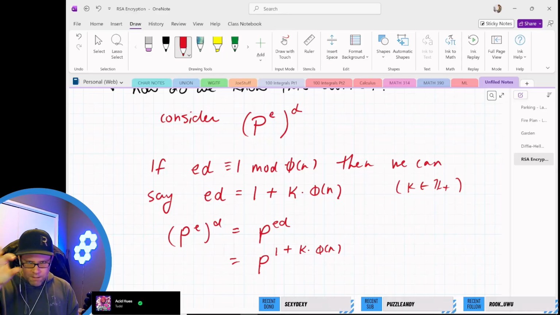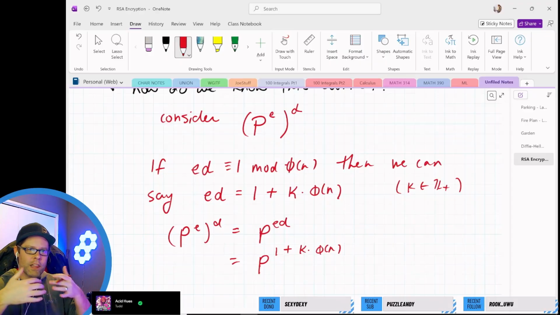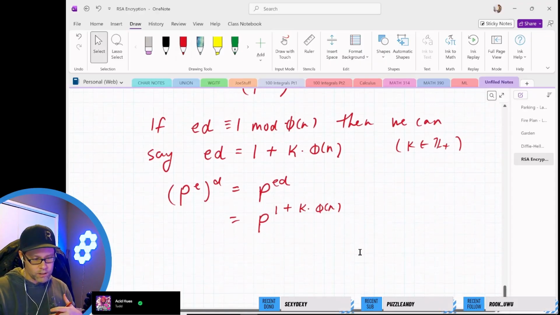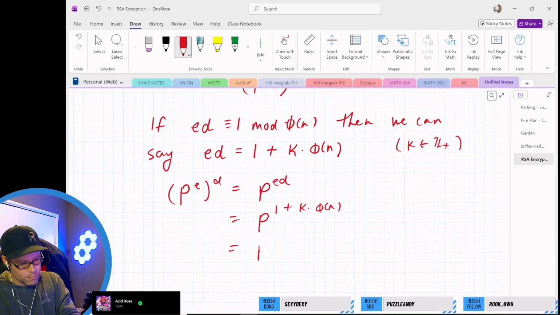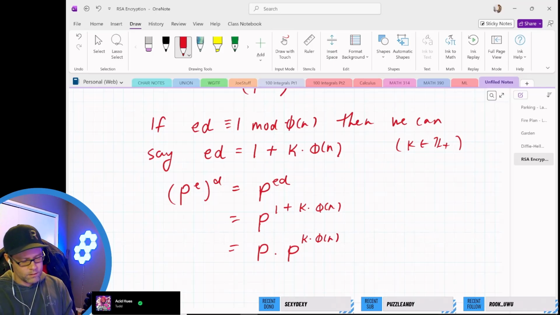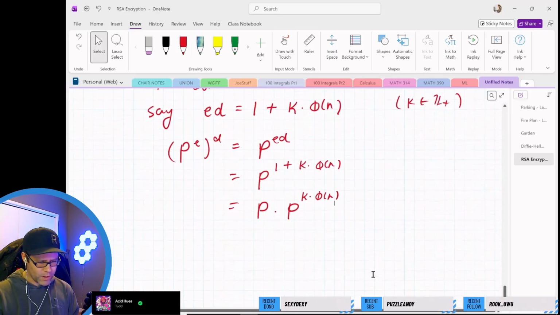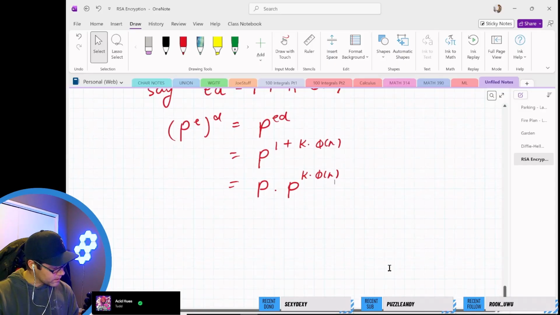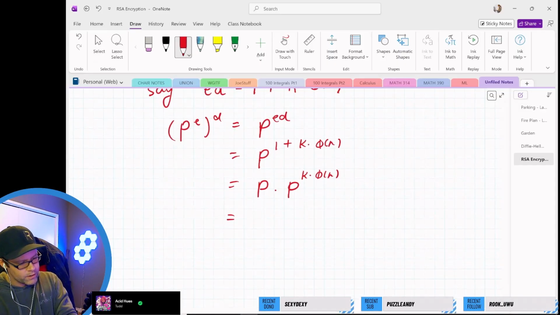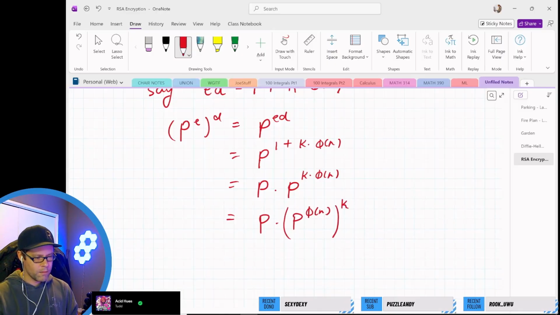Now the 1 plus k phi of n is all in the power, so now we can actually think about this as multiplication. So we get p times p to the k times phi n. Right, so just using our power laws to break this apart. And we could even go one step further if we wanted to. So we could even say this is p times p to the phi of n, all to the power of k.